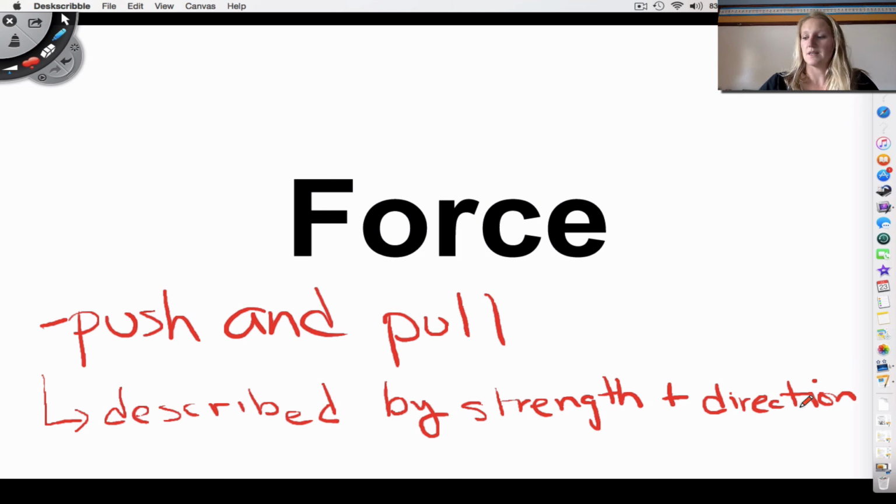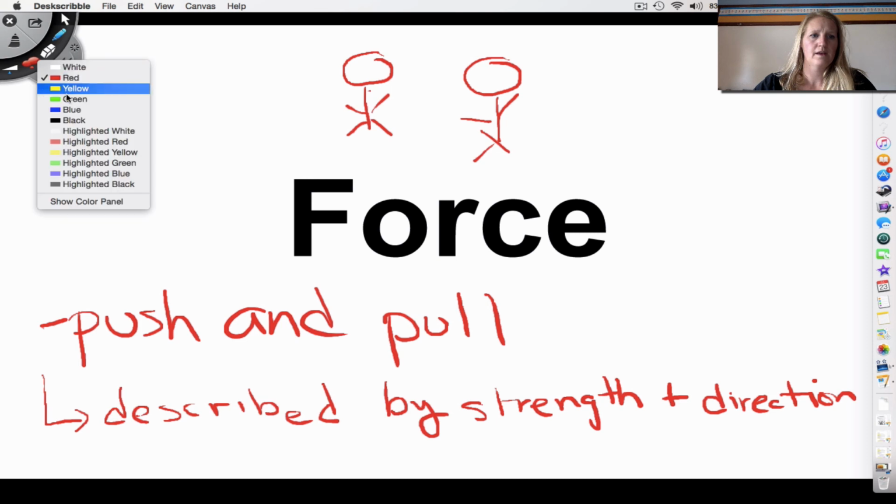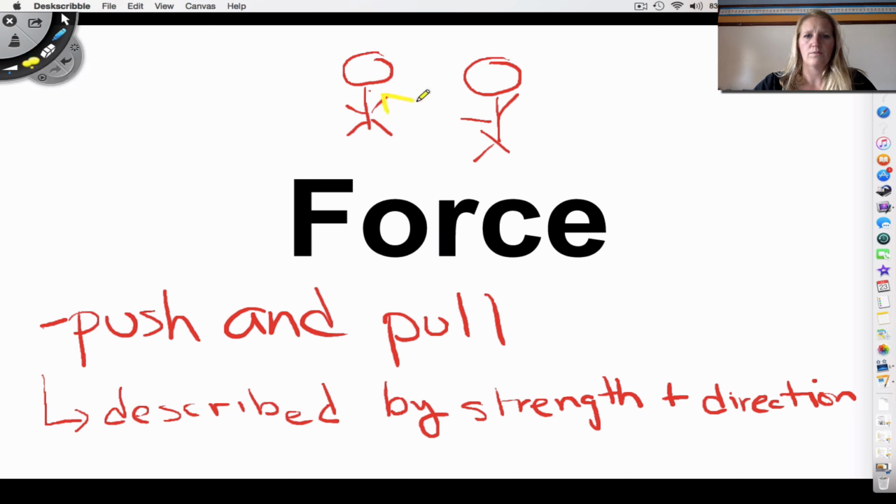So for instance, in a tug of war game, we could have somebody here, and if they have a rope between them that they're pulling on, the way that we label it is the length of the arrow shows which one is stronger.